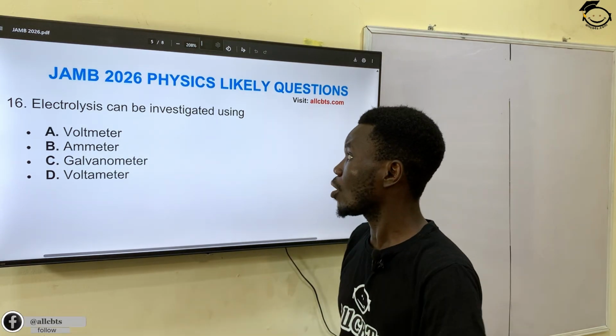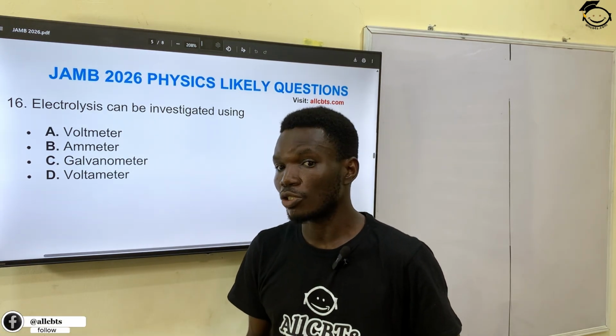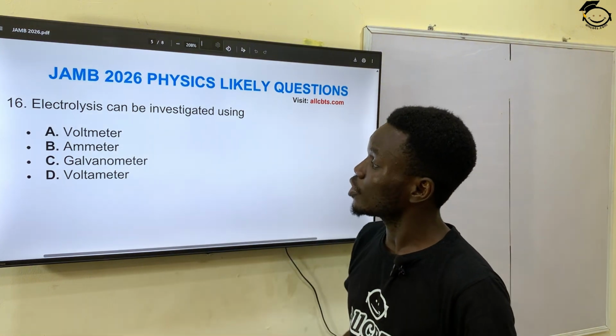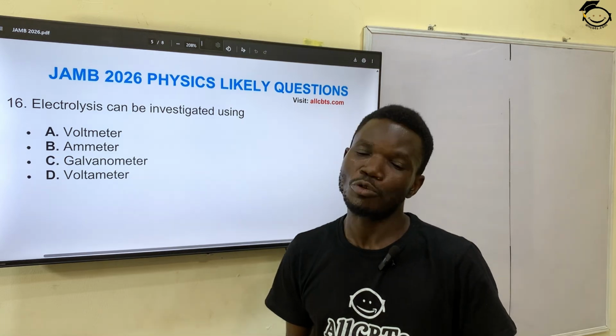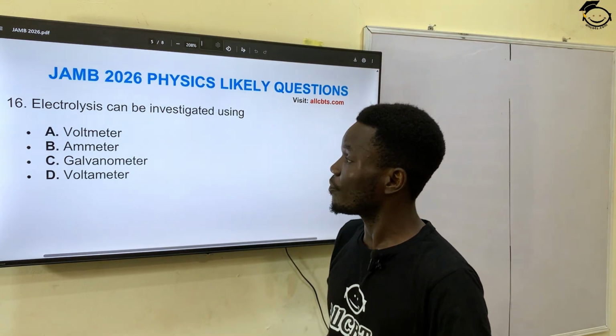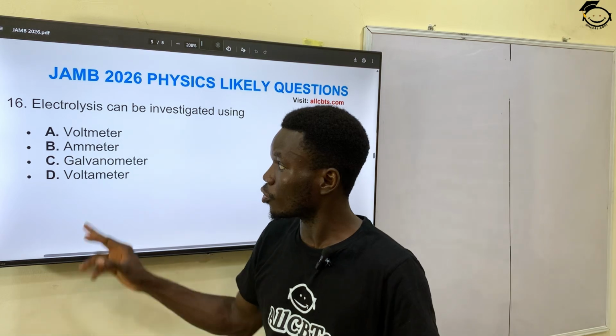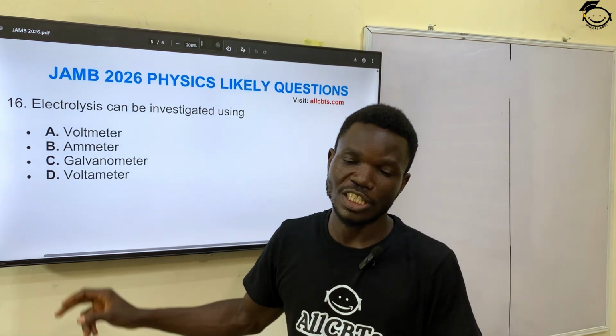You can also use it to measure the amount of voltage if you convert it using your multiplier. So the correct answer to this question is the voltameter. We use the voltameter, for example the Hofmann voltameter, for measuring or investigating electrolysis. So the correct option here is option D.